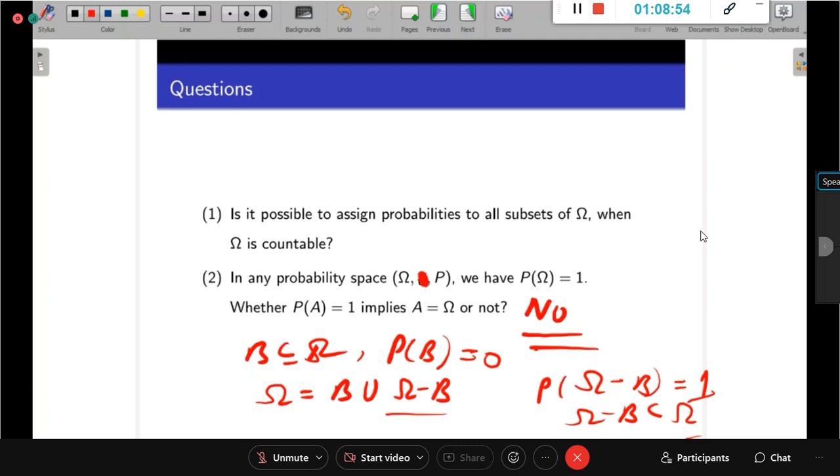But we are talking about a subset of the sample space, so that is a null set, no? There's no such pair. Okay? Yes, sir.